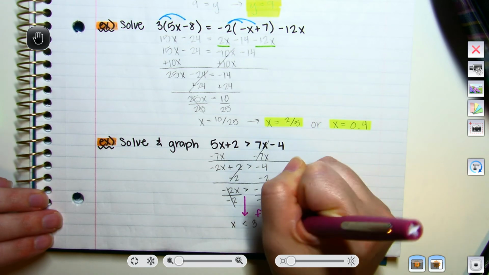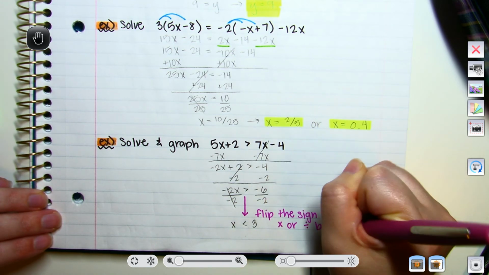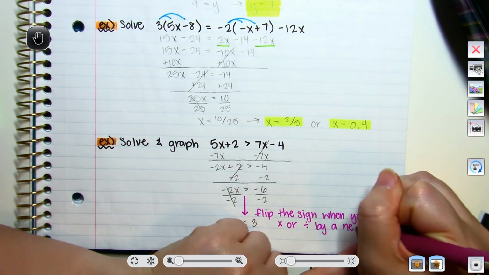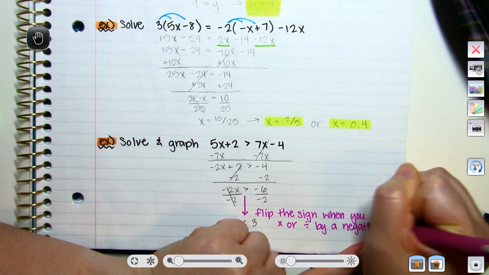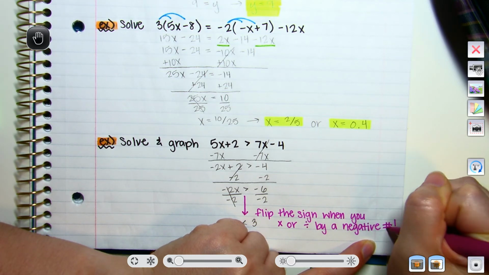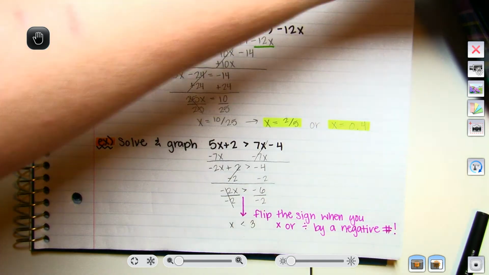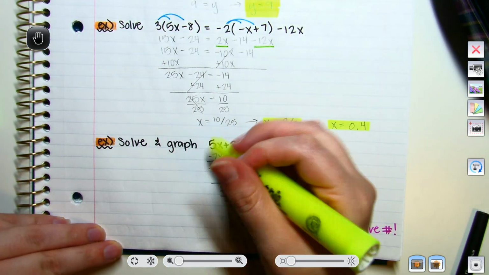When you multiply or divide by a negative number. So my final answer is x is less than 3.